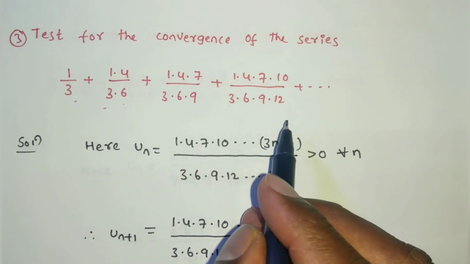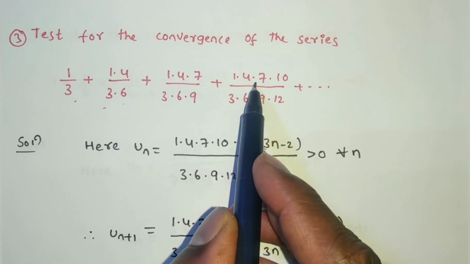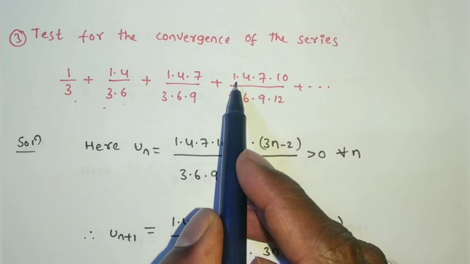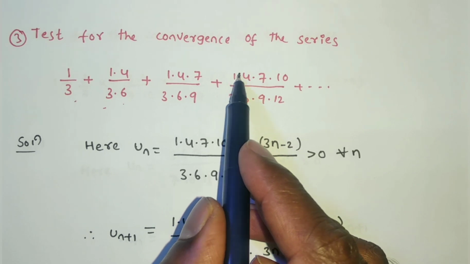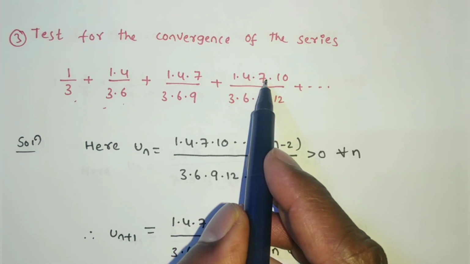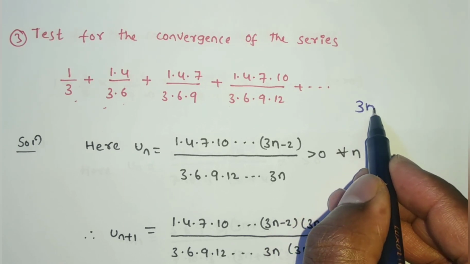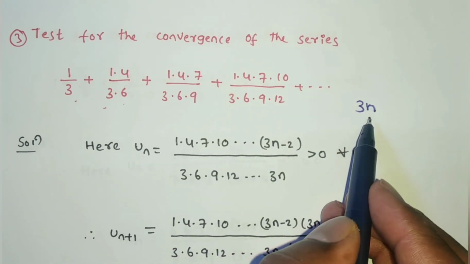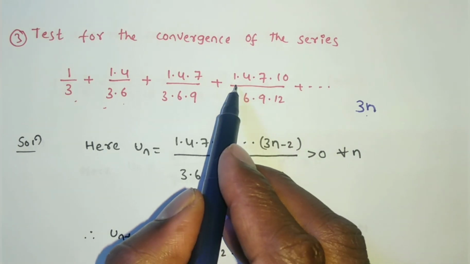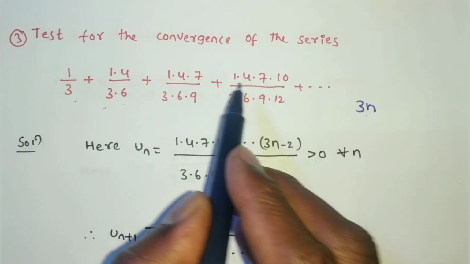How we will find the nth term: see the common difference in the numerator. The common difference is 3, since 1 to 4 is 3, 4 to 7 is 3. So write down 3 into n. Next, if you put n is equal to 1, you have to get the first term in this series.